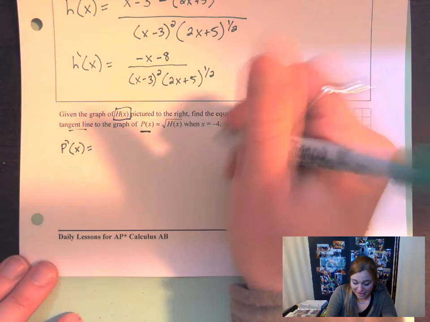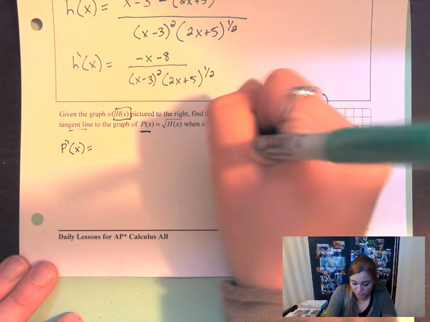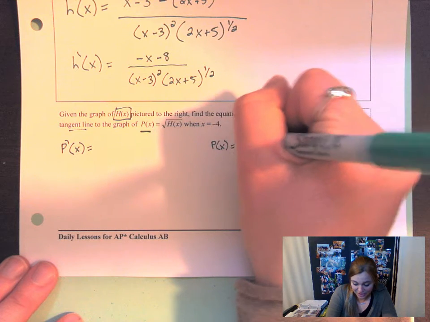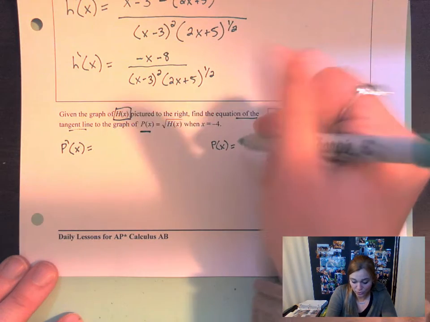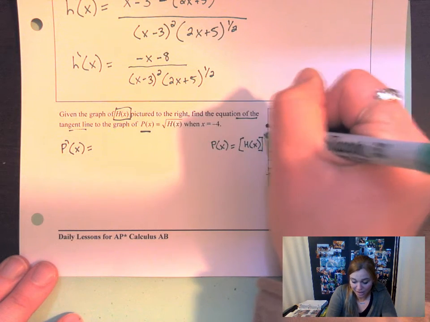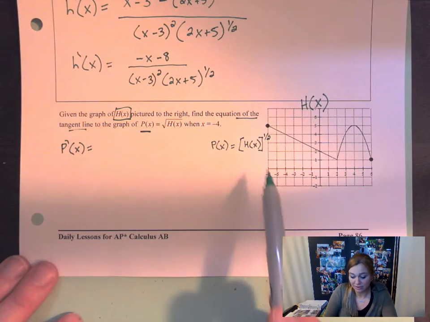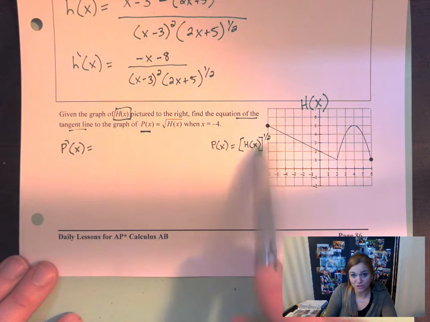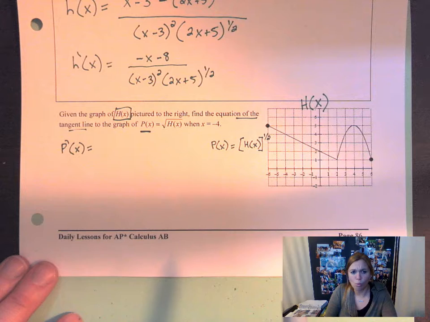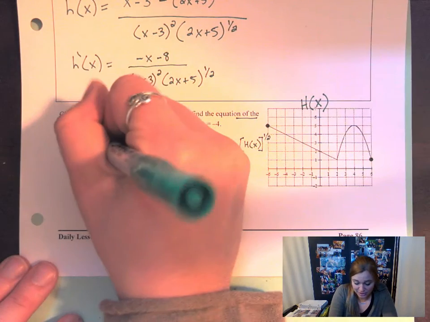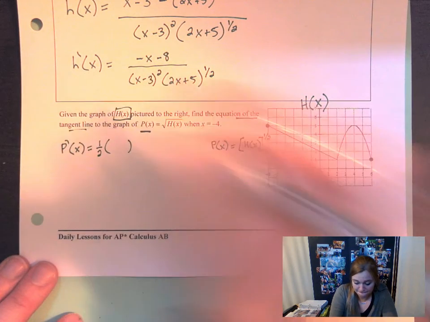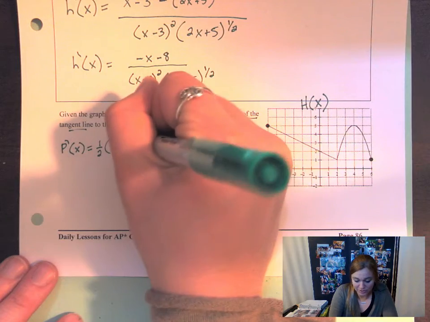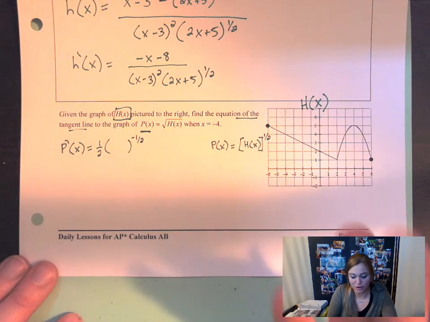If p of x is equal to the square root of h of x, this is always the 1/2 power. Right now I've got a function within a bigger function. So to take the derivative, I would say derivative of the outside. That's where this 1/2 something to the negative 1/2 is coming from.